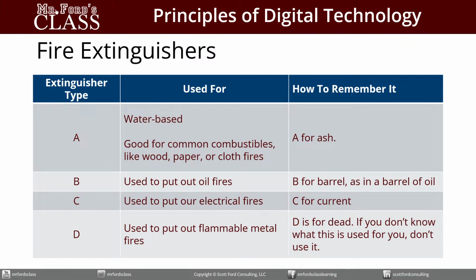Think of C for currents. And D is used to put out flammable metal. Yeah, I didn't misread that. You can have types of metal that can catch on fire. I think of D for this fire extinguisher because if you don't know what it is, D stands for dead. So run away. Let somebody else who knows what they're doing handle that fire.